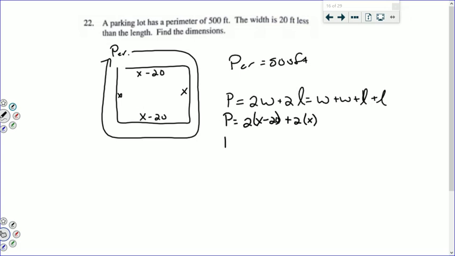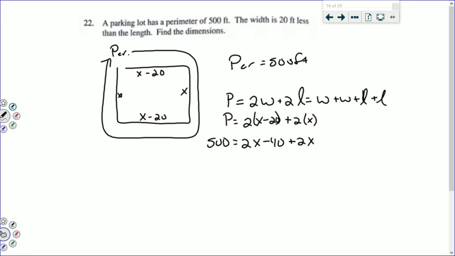So perimeter equals 2x minus 40 plus 2x. Our goal is to find the dimensions. If we know that the total perimeter is 500 feet, we can replace P with 500.